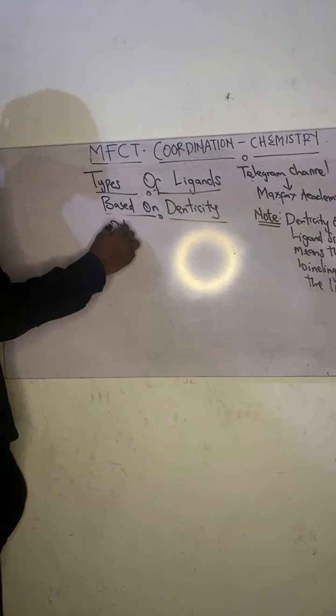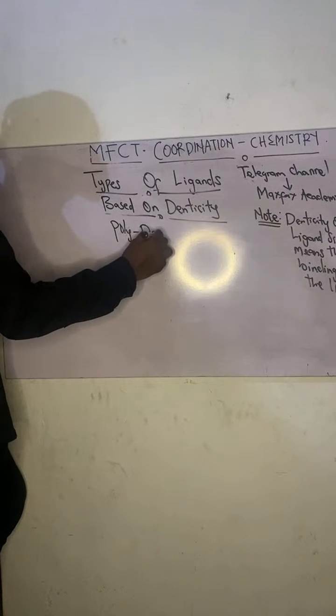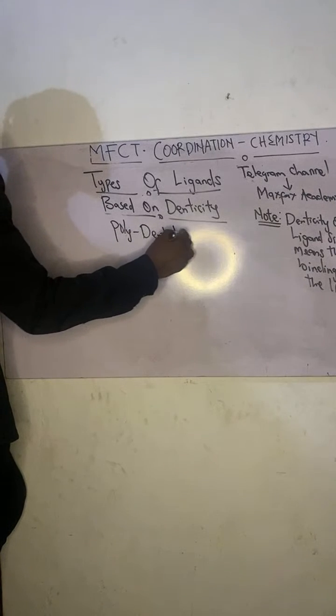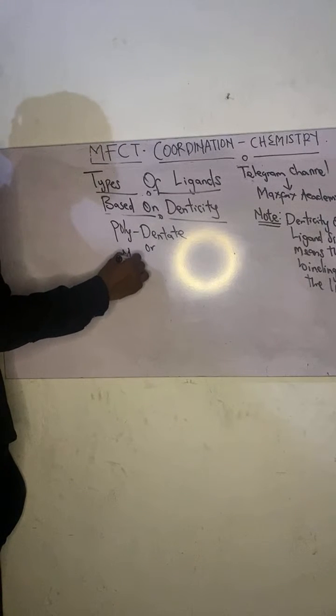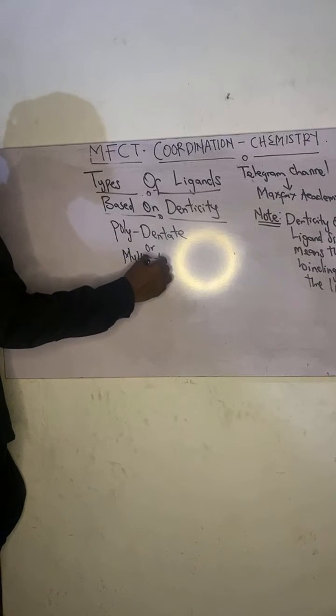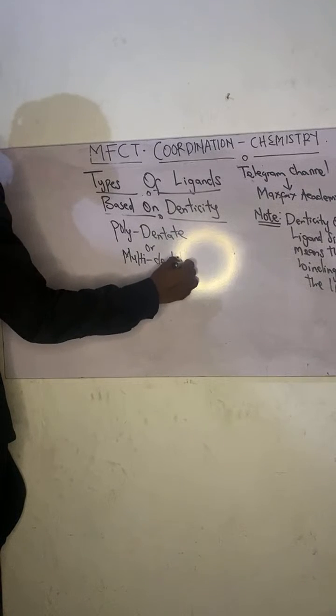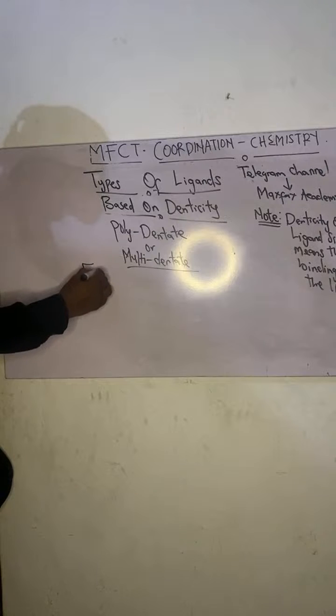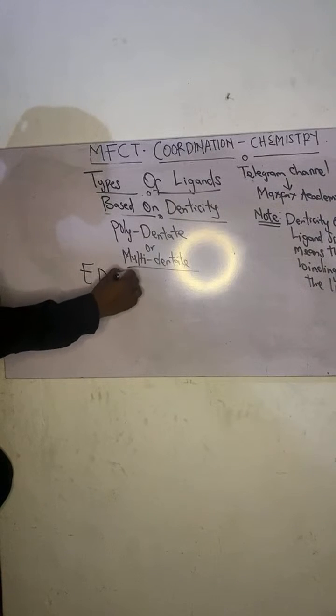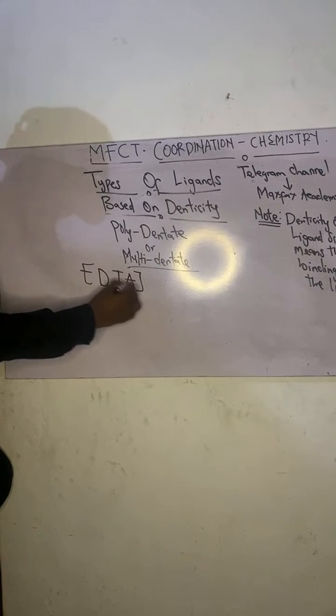Now, a common and good example of polydentate, or multidentate, is ethylene diamine tetraacetic ion.